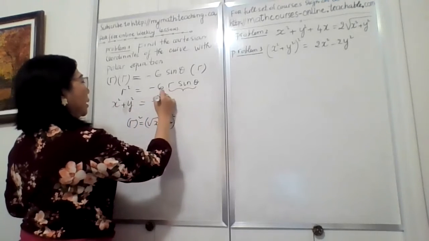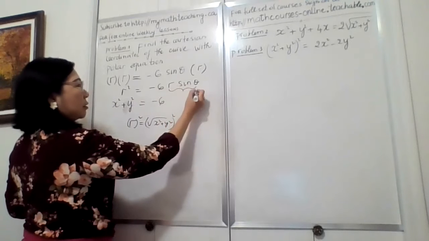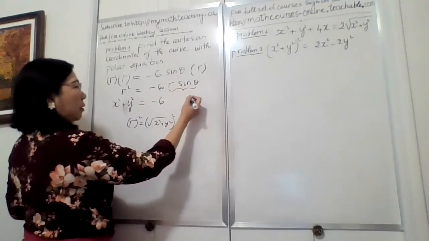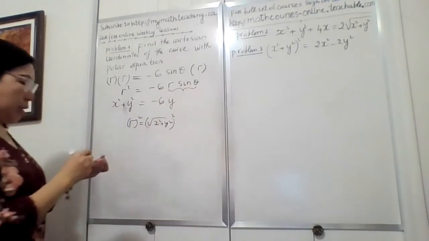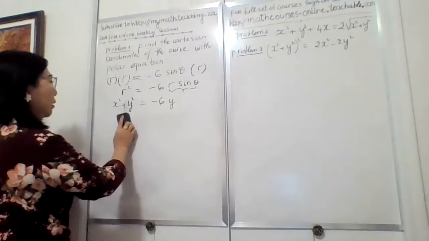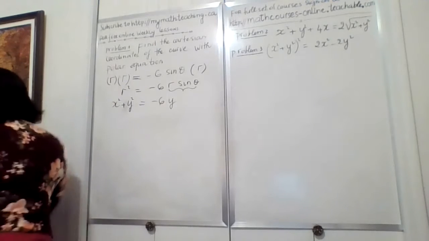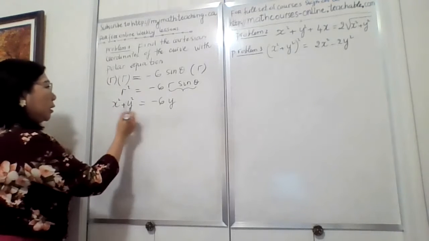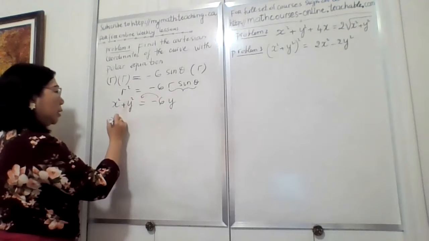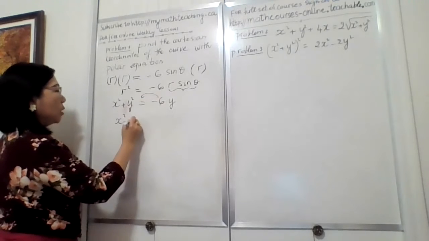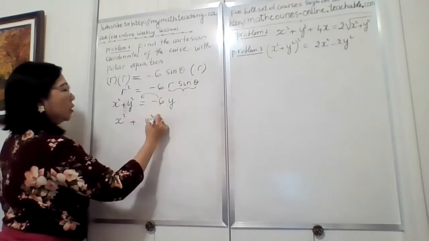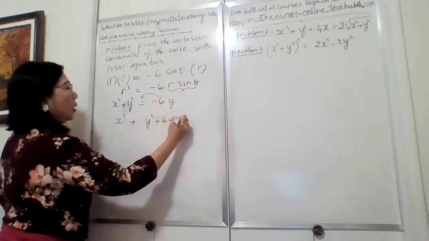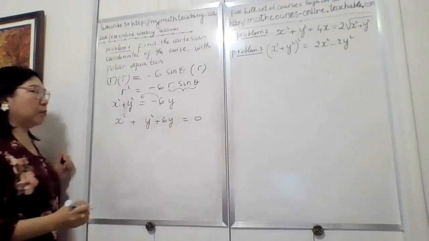So x squared plus y squared equals -6, and I'm going to change this r sine theta to y, right? r sine theta equals y. So now, what do I have? I can transfer the equation. I can move this over, and therefore I will have x squared plus y squared, transferring to here, plus 6y equals 0.